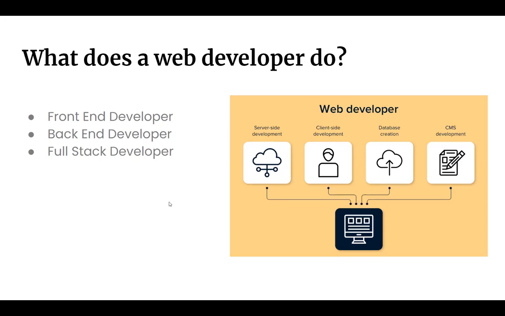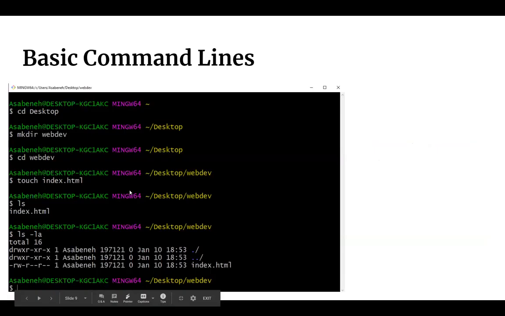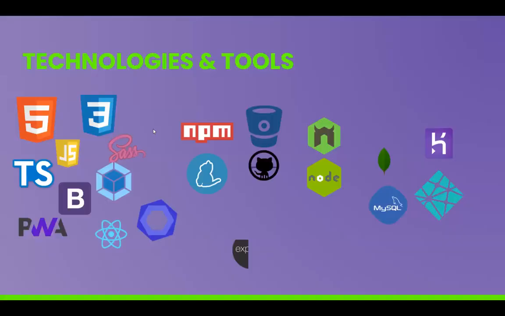Some of the words might be very technical, so you don't have to know everything at once. Command lines, sometimes it's easy to work on the command lines instead of a graphical interface. So we may also need basic command lines. I think these are just fancy icons of different technologies.